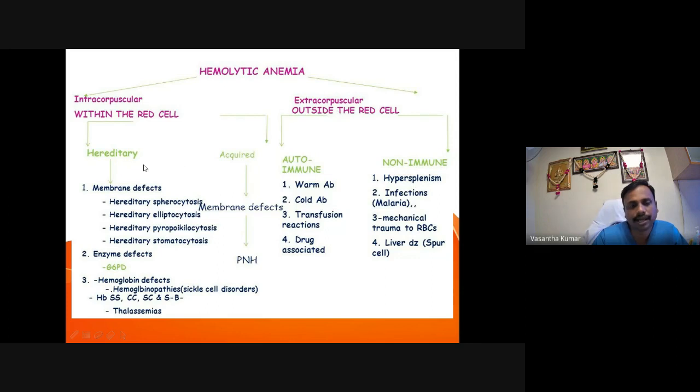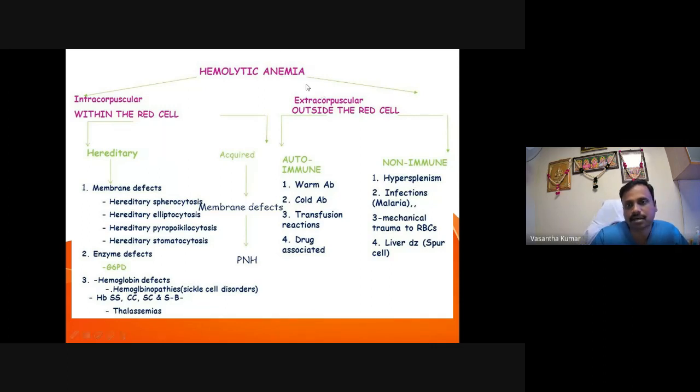So remember, the hereditary is due to membrane defect or enzyme defect or hemoglobin defects. Acquired is the one and only PNH. So there is a defect within the RBC. Because of the defective RBC there is hemolysis.